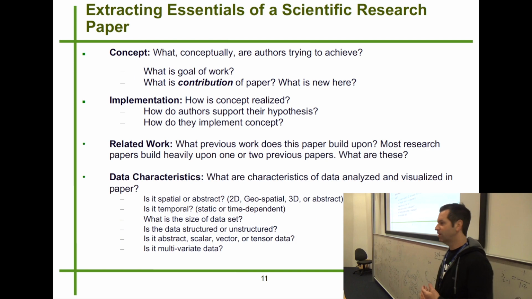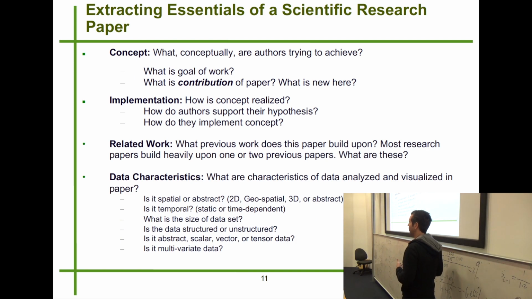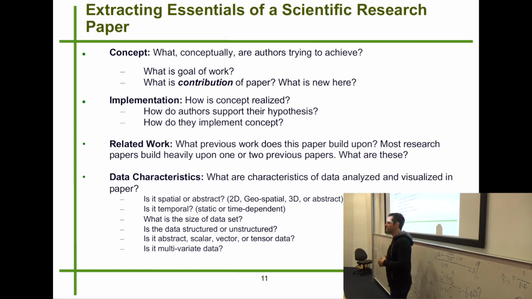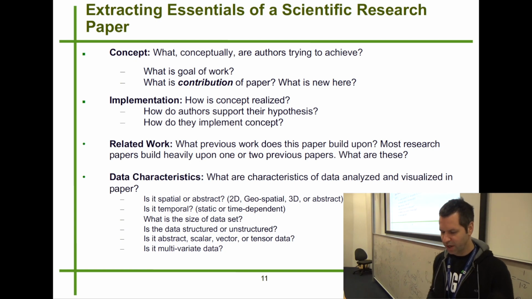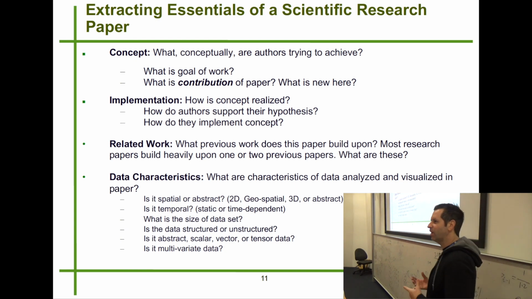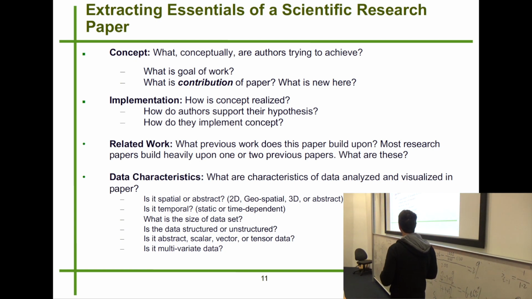How big is the data set size that the paper is looking at? Is the data structured or unstructured? There are lots of different kinds of data, so you want to identify what kind of data it is. Is it multivariate data, for example, and so on.